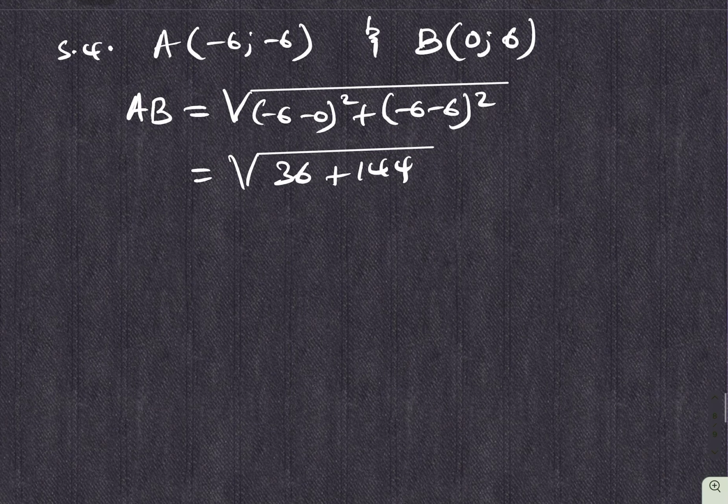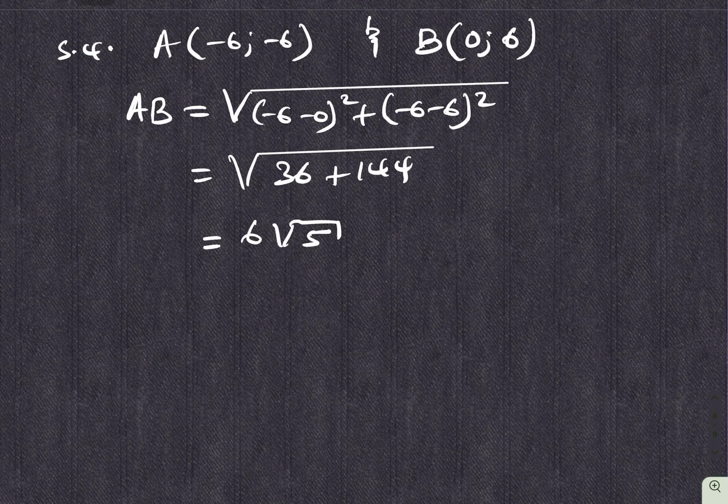As a result, we get 180, and the square root of 180 gives you 6 root 5, because that is 36 times 5.